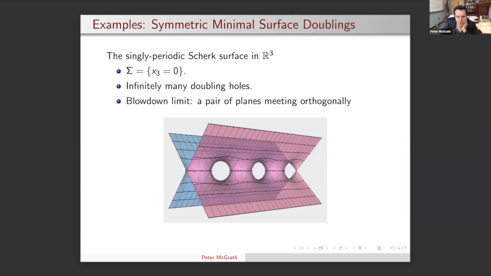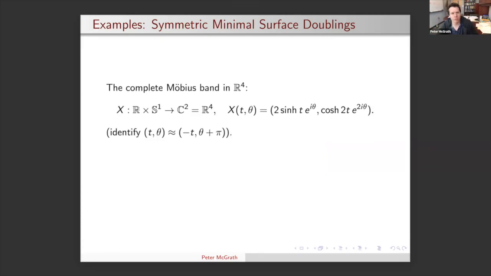In this picture there's just a couple of doubling holes, but of course the surface extends infinitely in both directions. In this case, if you take the blowdown limit, you get a pair of planes meeting orthogonally. Just as a side note, the Scherk surface can be considered separately from a doubling. It can be considered a desingularization because of this last point. If you look from very far away, you don't see the topology, you just see the asymptotic planes that appear to meet orthogonally.